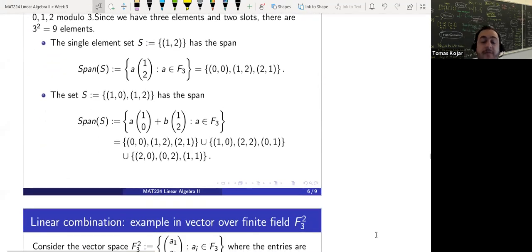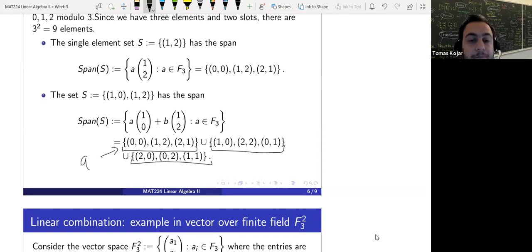Now, for the span of 2 vectors, you have to do the same thing. So I grouped it into 3. That's because of how I did my computation. For the first one, I set A to be 0, and then I run through B 0, 1, 2. So this is the same as before.